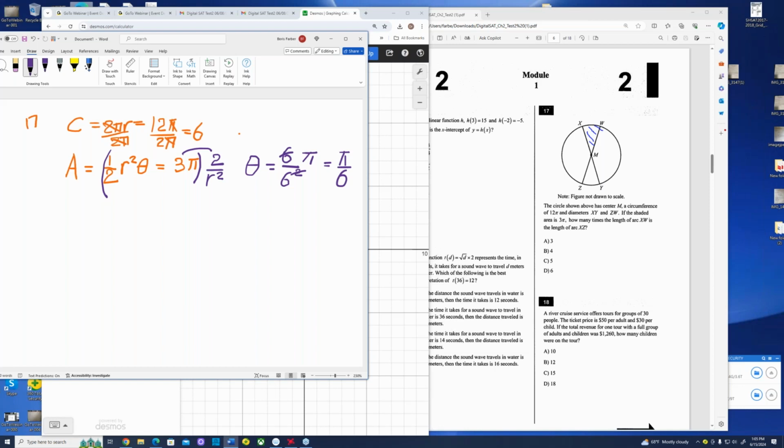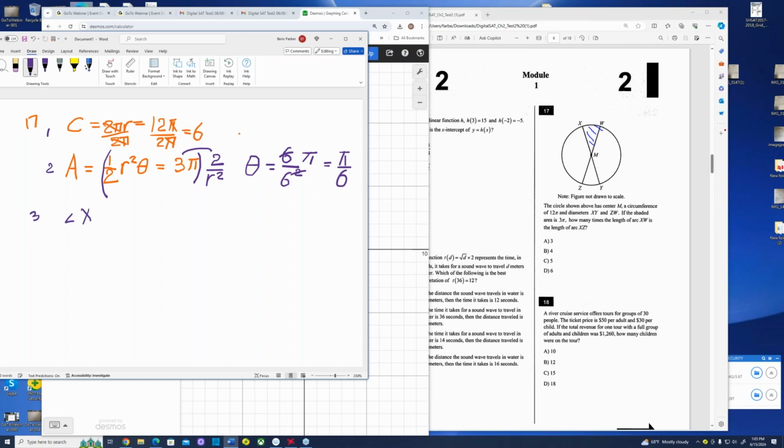Now, step number 1, step number 2, step number 3. Angle x, or we can write arc, and this central angle equals, what is it?